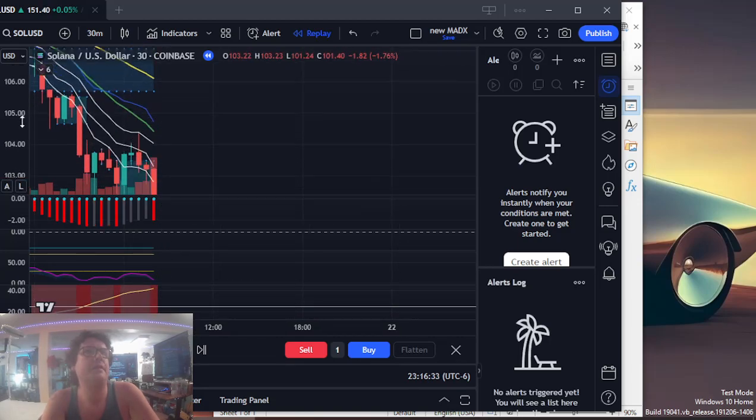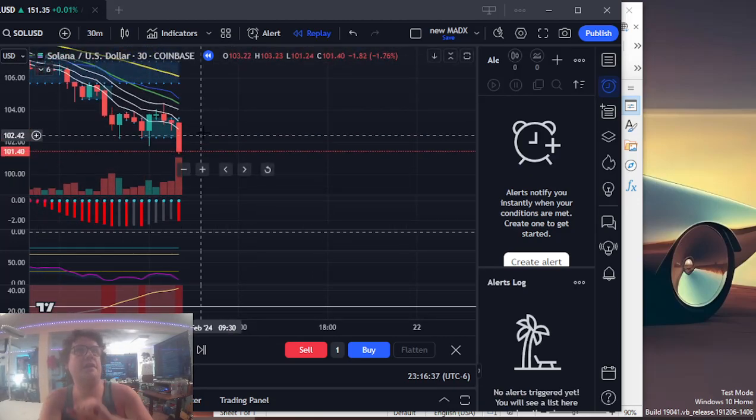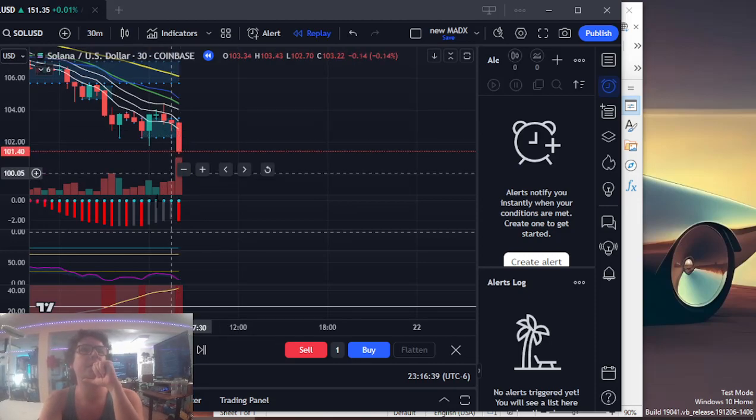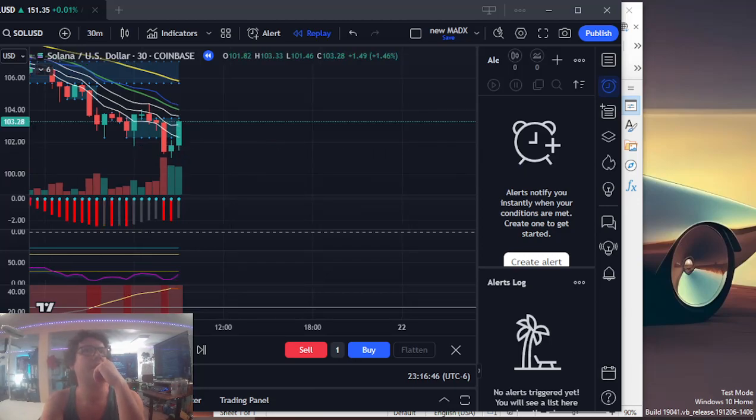Is that touching middle line? Nope. It's breaking out a supply-demand zone though. 1, 2, 3. I bet this is going down. A little bit the opposite.